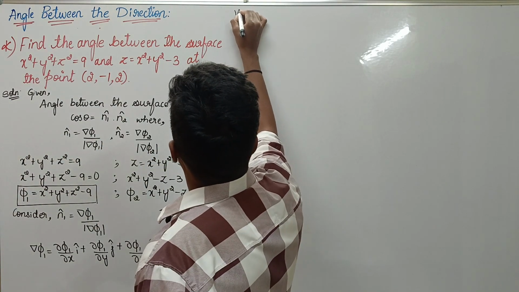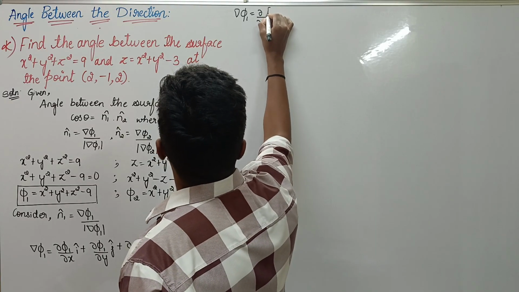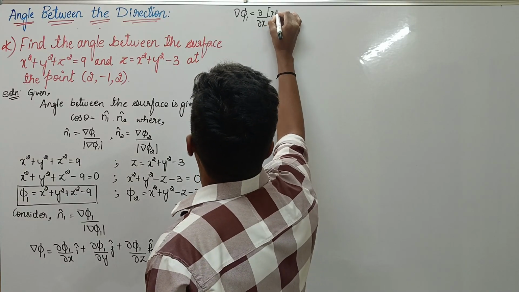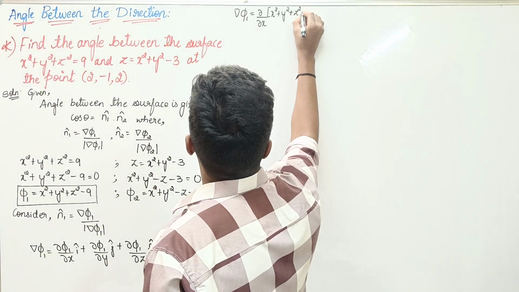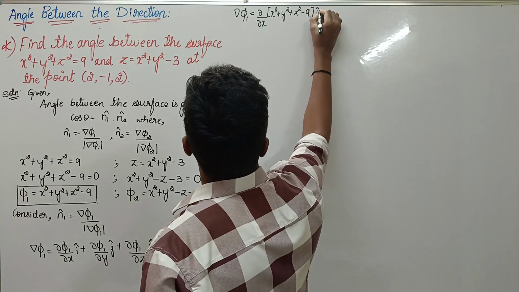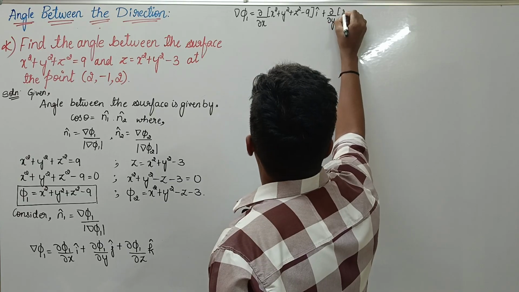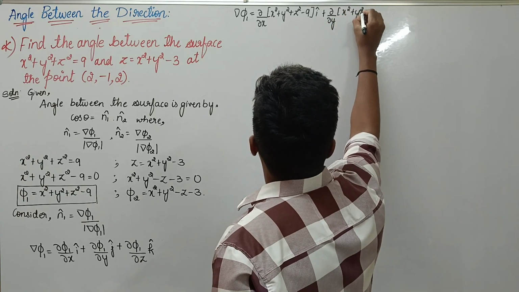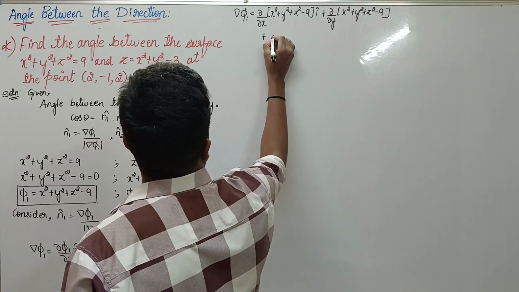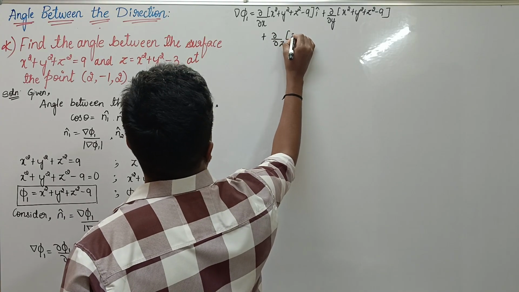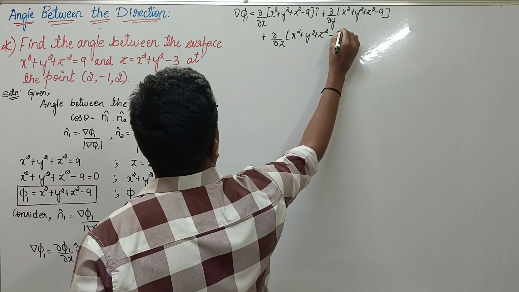Gradient phi1 is equal to dou by dou x of phi1, which is x square plus y square plus z square minus 9, i cap, plus dou by dou y of x square plus y square plus z square minus 9, plus dou by dou z of x square plus y square plus z square minus 9.